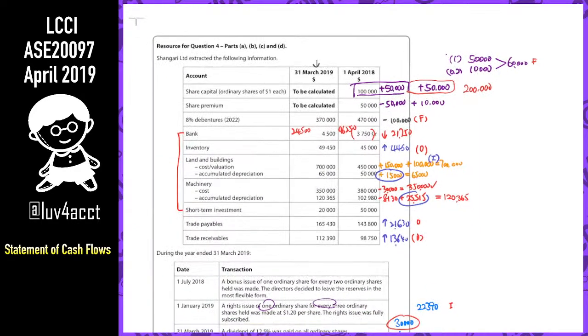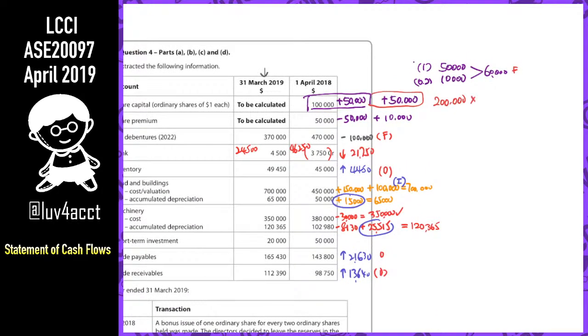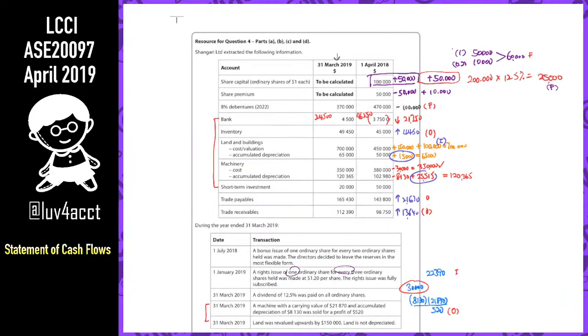Okay, and then 12.5% multiplied by 200,000, that would be 25,000 for our dividend. Dividend is in the financing activity, negative. Okay, so now we have finished everything. We will put it into the statement of cash flows.